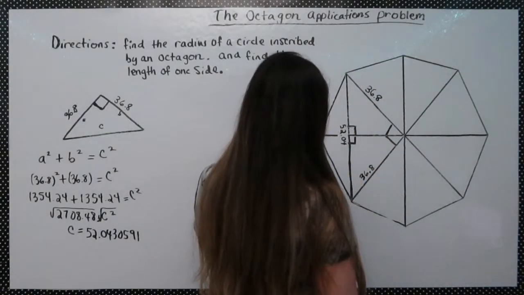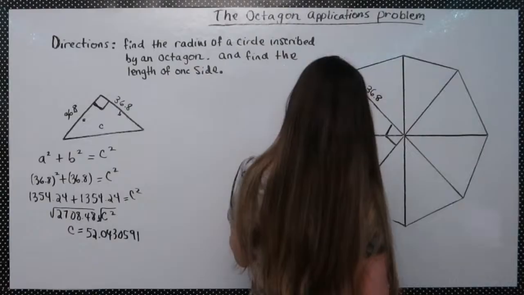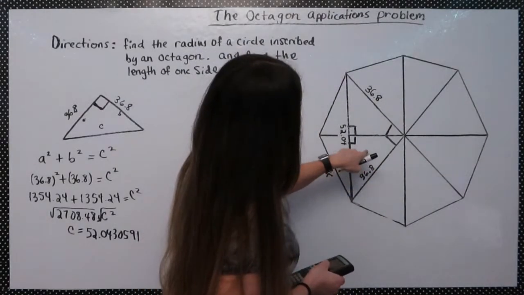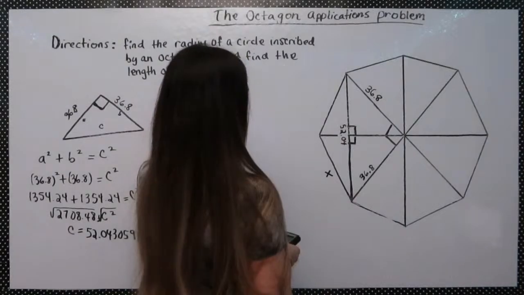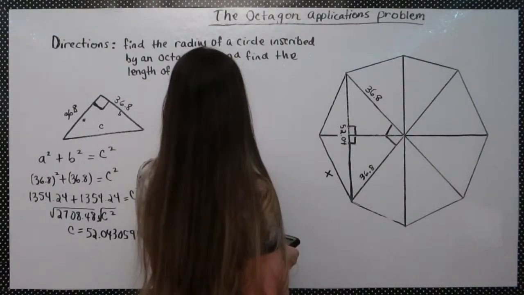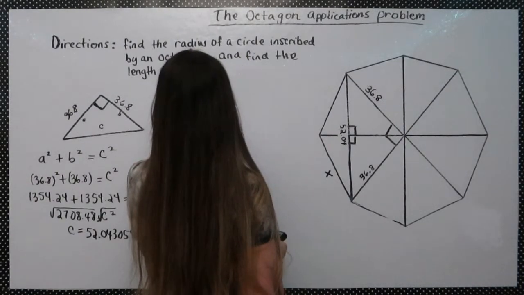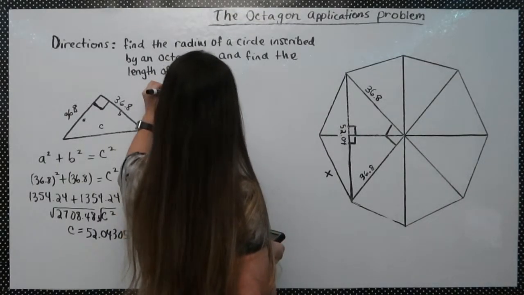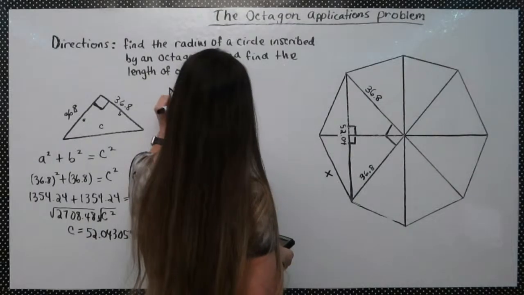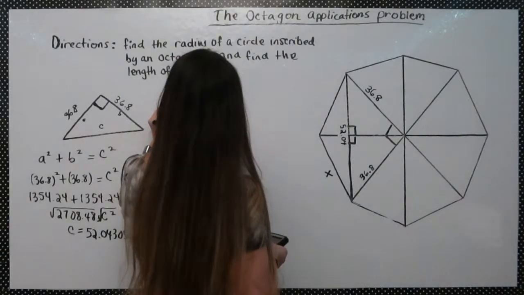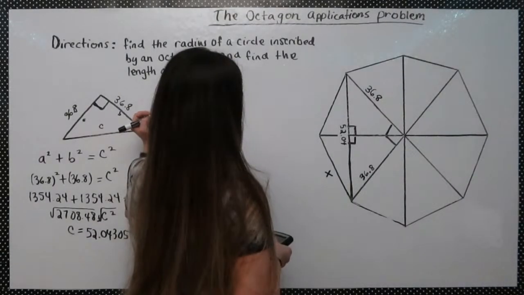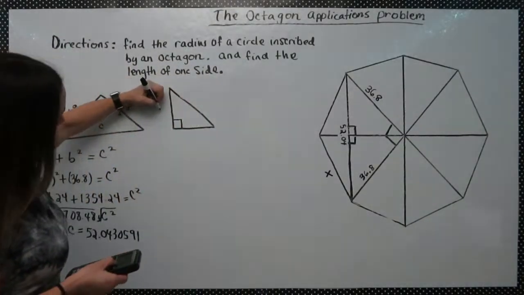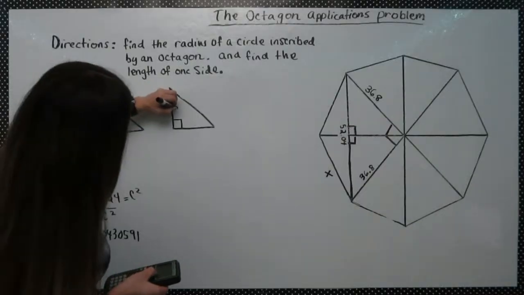So let's see how I want to put this in here. I'm going to make another triangle here to represent one of these triangles. So I now have this thing, and I have this side length. We'll just say that this is a.